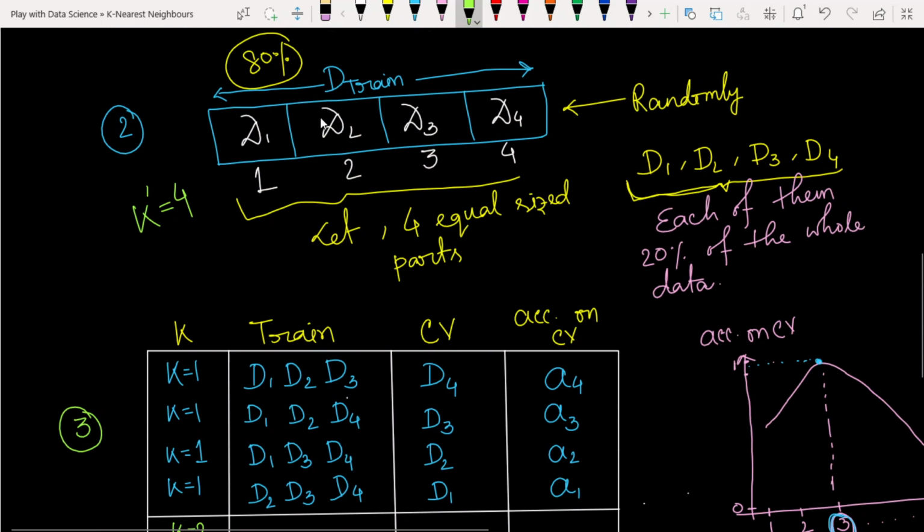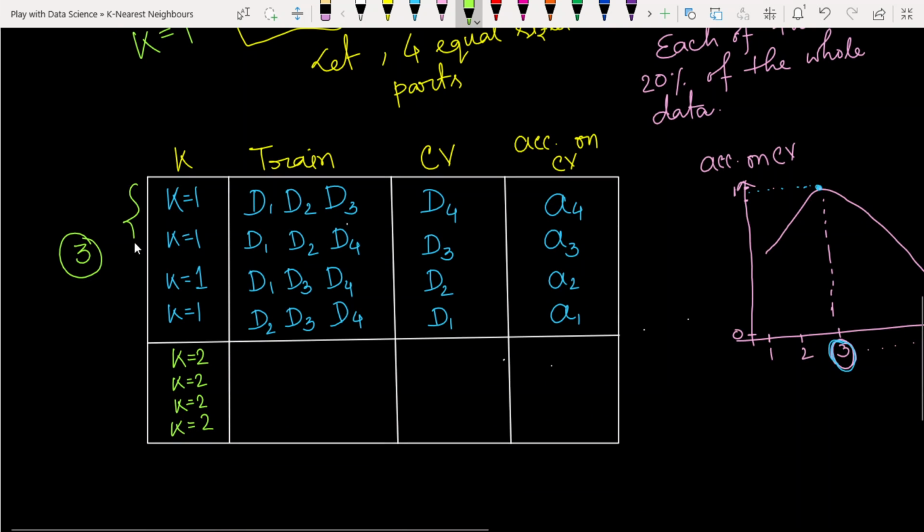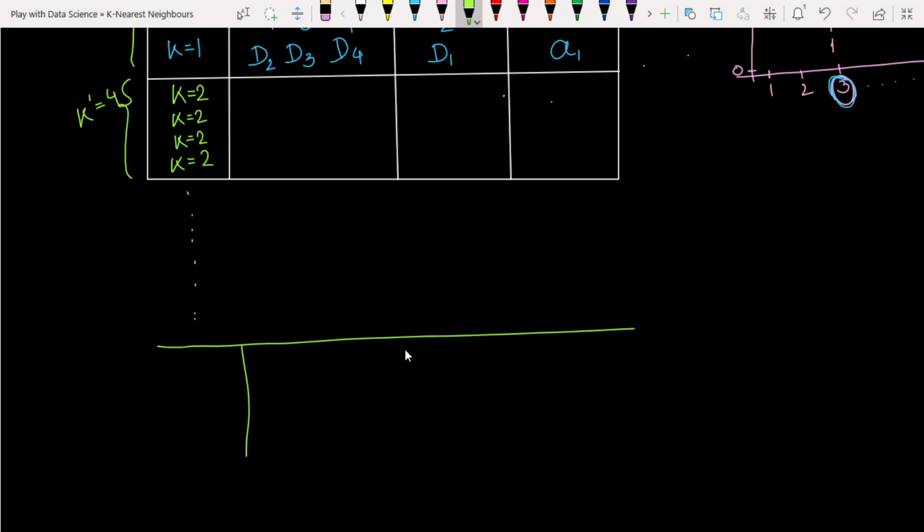Here k dash in this example is 4, and then k is equal to 2. The same job will be repeated until we have reached k is equal to n.